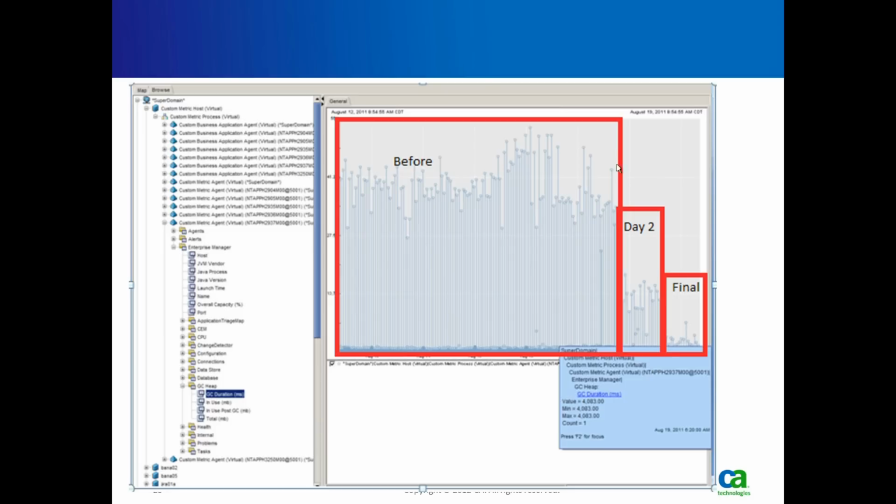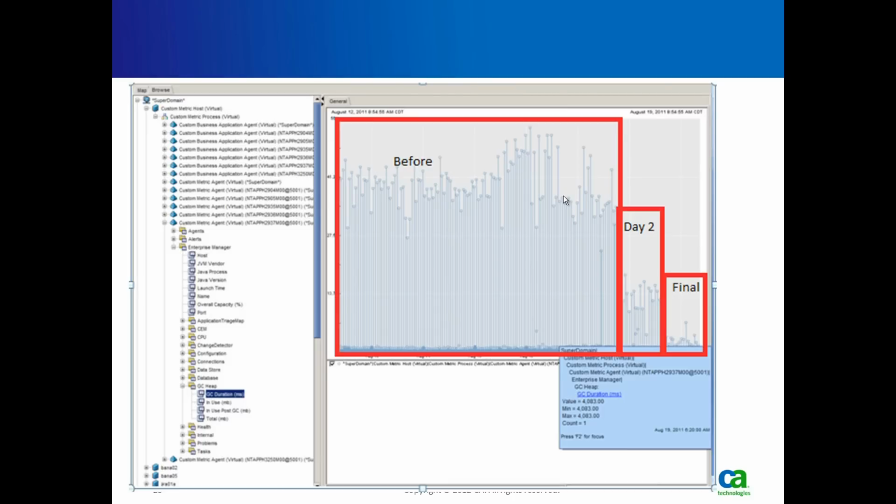And sure enough, this is what I saw: the GC was kicking in, and the collector was taking around 40-something seconds to perform. When I looked at the memory pool, I found that the Eden space was just too small. I think they had a total of 2 gigs for the EM, and they had given the default values for the Eden space out of the box, and I think it was 64 megs, and it was just being killed.